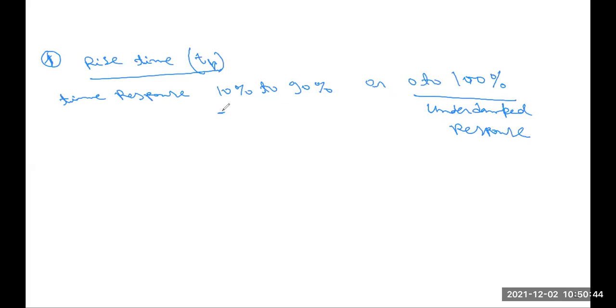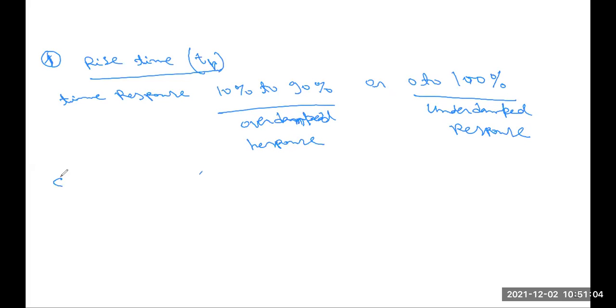And when it is 10 to 90%, this is called the overdamped system or response.